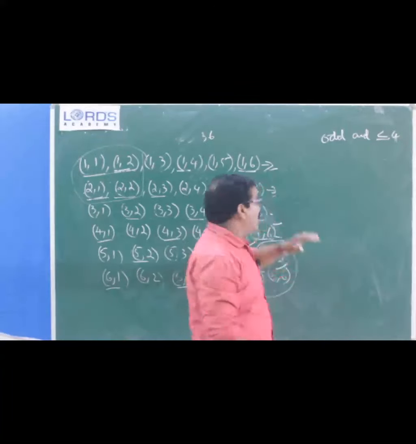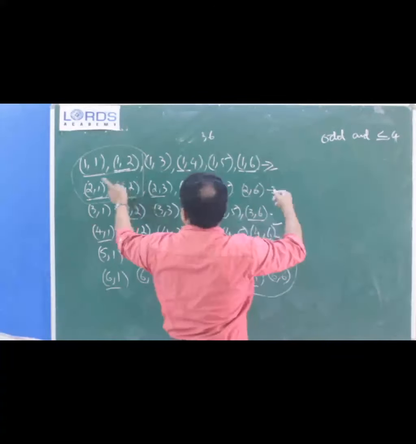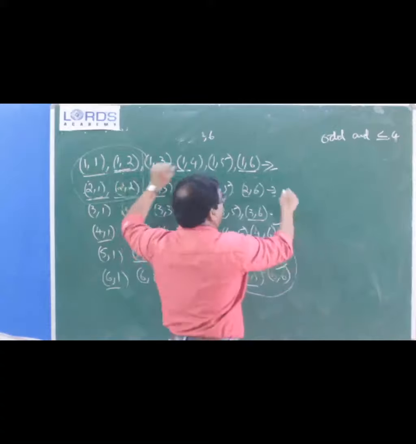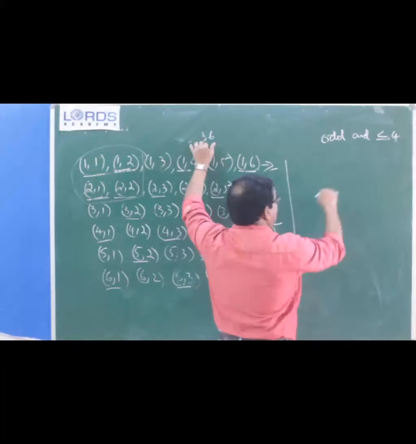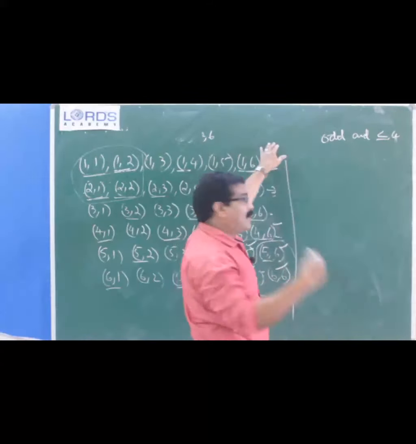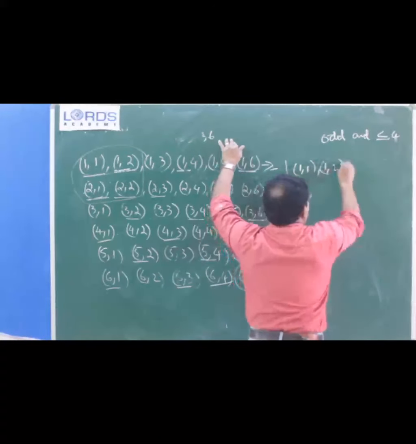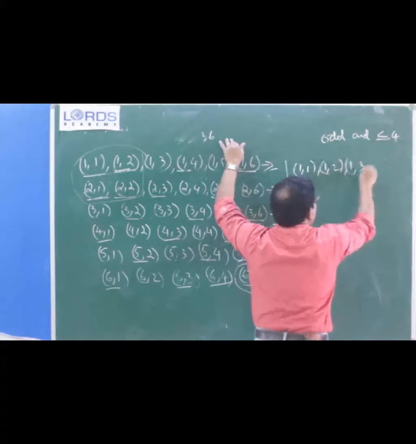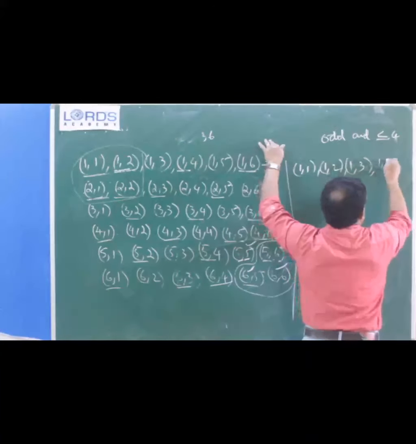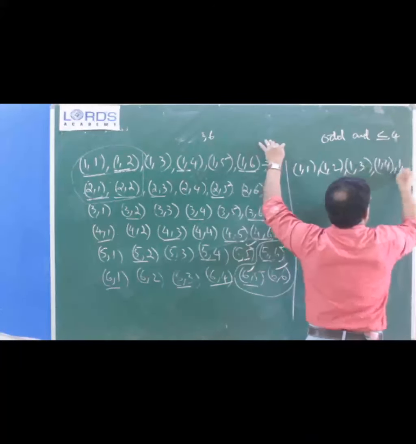So for this, first row, we can take 1 1. Number of favorable cases you can find: 1 1, 1 2, 1 3, 1 4, 1 5.